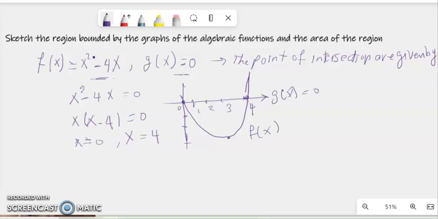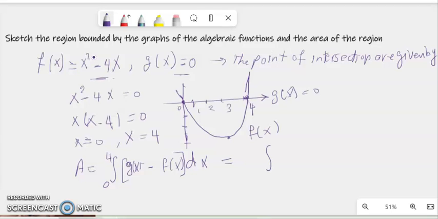So we have the graph, the two functions g of x and f of x, and the integration limits from 0 to 4. We're ready to write the area of the region. The area equals the integral from 0 to 4 of g of x minus f of x, all in parentheses, dx, since this is around the x-axis.